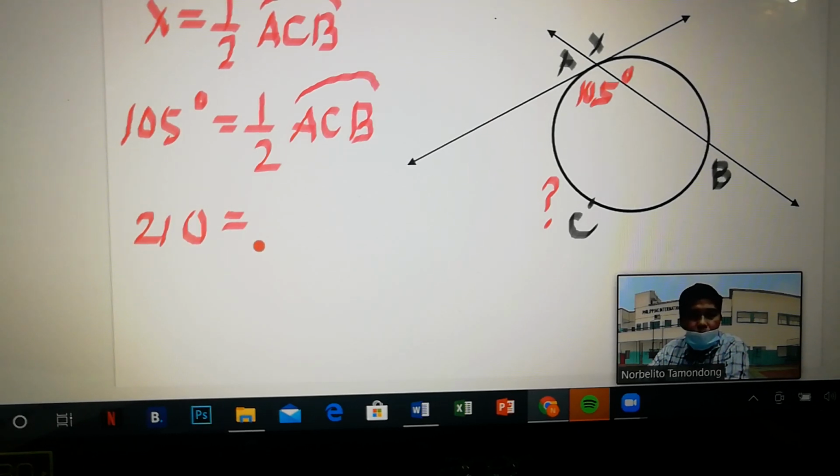On the right side, if you multiply 1/2 by 2, you cancel the 2. So what is arc ECB? That is equal to 210 degrees.